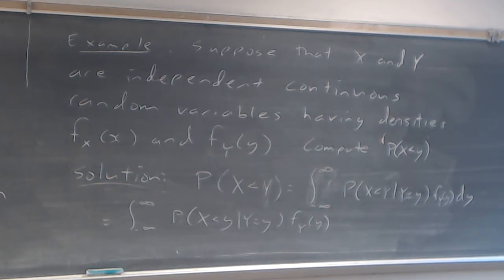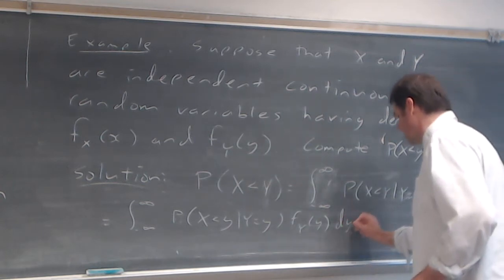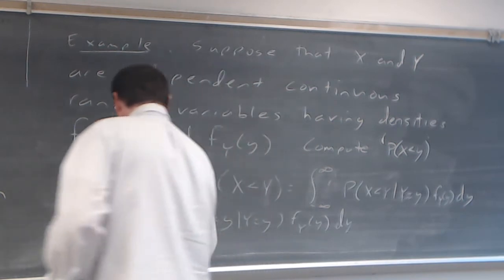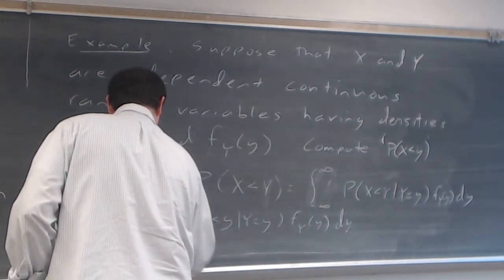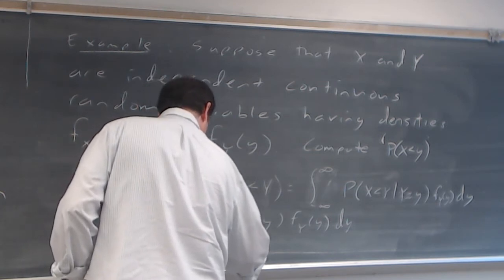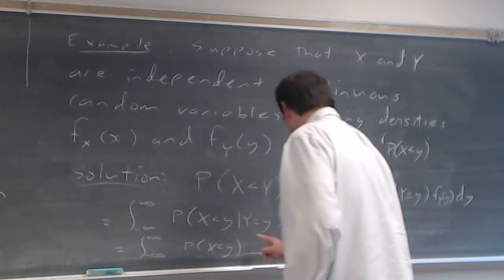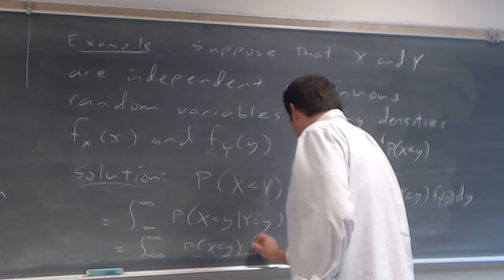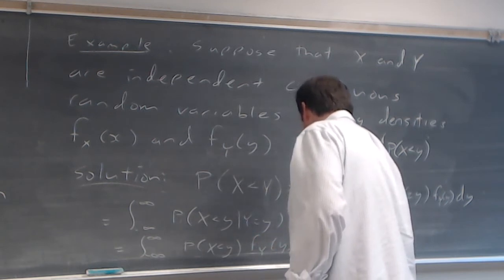And so I can rewrite this, as an integral from minus infinity to infinity of the probability that X is less than this little y, due to the independence, f sub Y of little y dy.